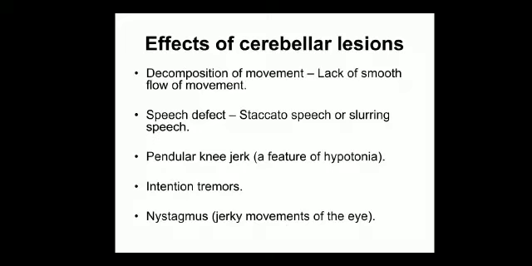Nystagmus is a tremor of the eyeballs which occurs when the patient attempts to fix his eyes on an object. It consists of a slow to and fro movement on looking to the affected side due to hypotonia, and a rapid to and fro movement on looking to the opposite side. That is nystagmus.